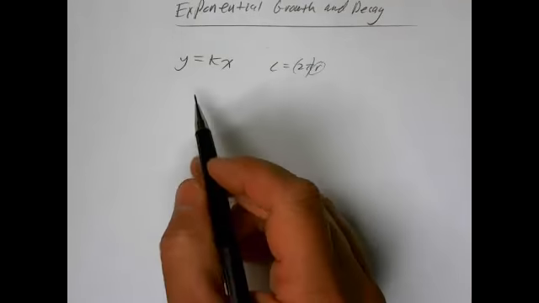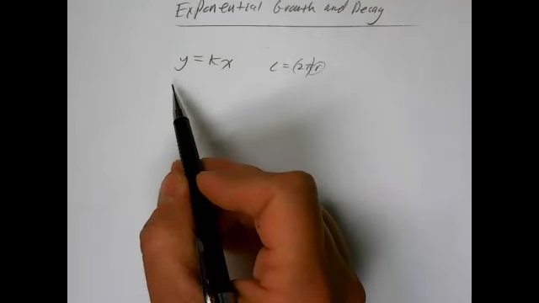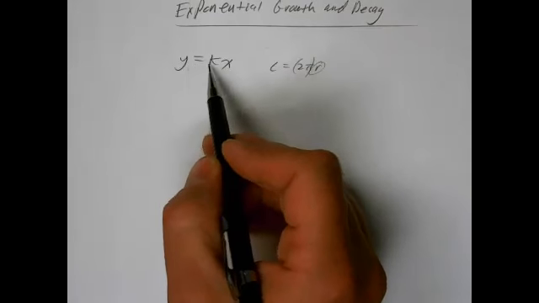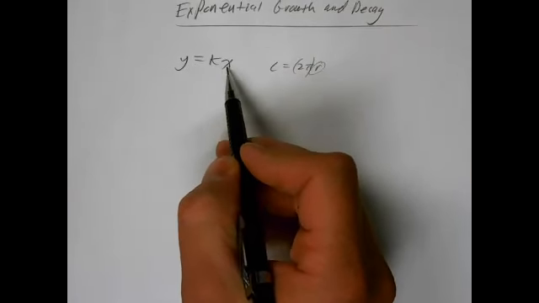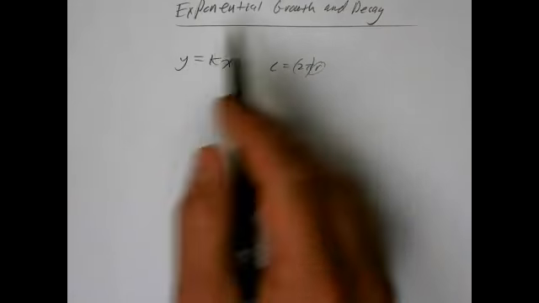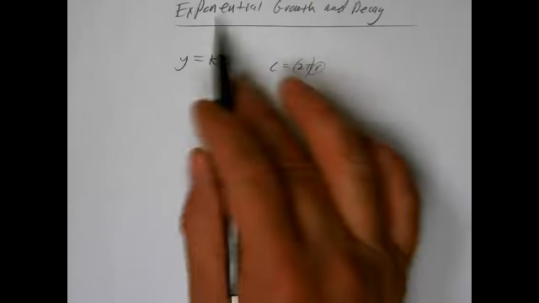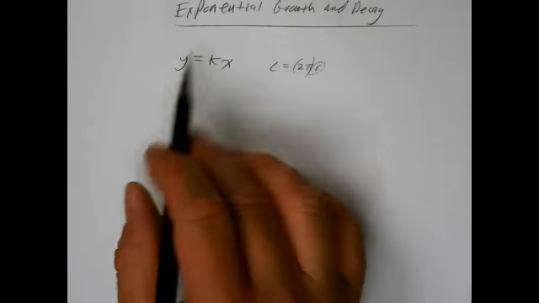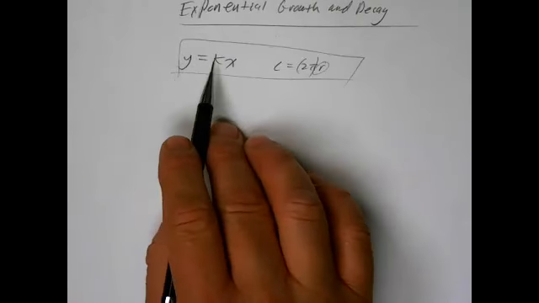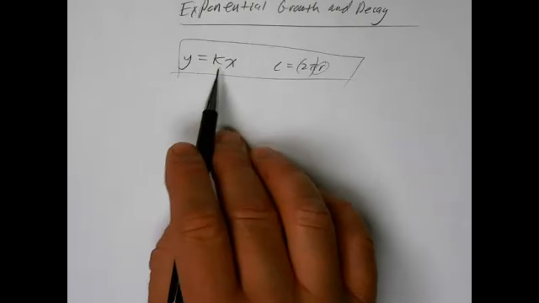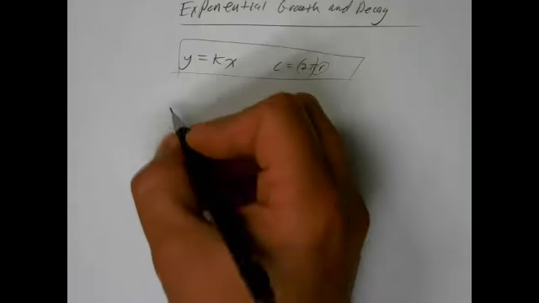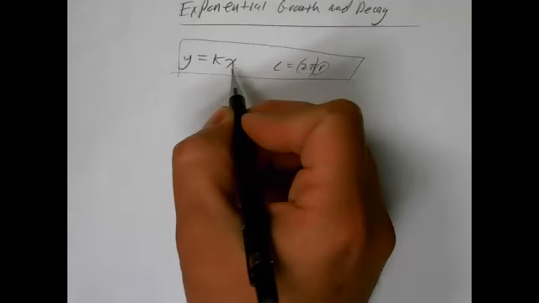All right, so again, if you're in a situation where either the growth or the decay is directly proportional to the current population, then you're dealing with exponential growth, or if it's going down instead, you're dealing with exponential decay. Now, since it's not the current value that's directly proportional, it is the growth or the decline, it is the rate of change, then the equation is no longer y equals k times x.